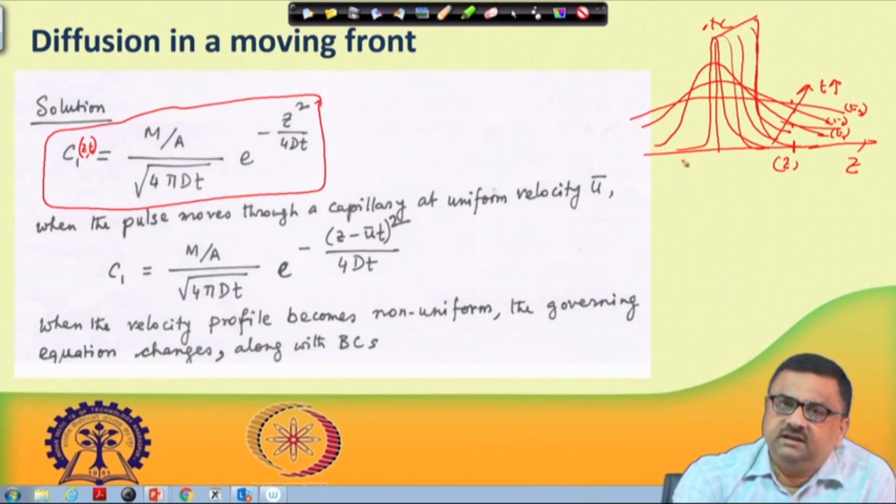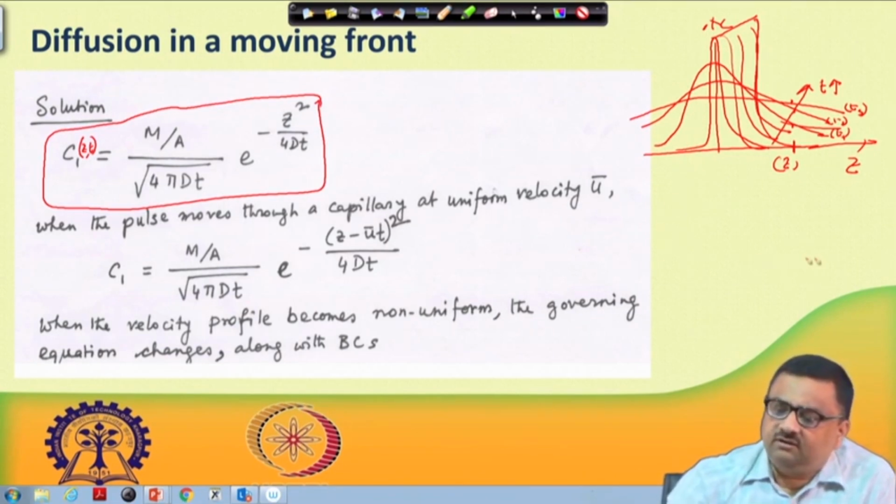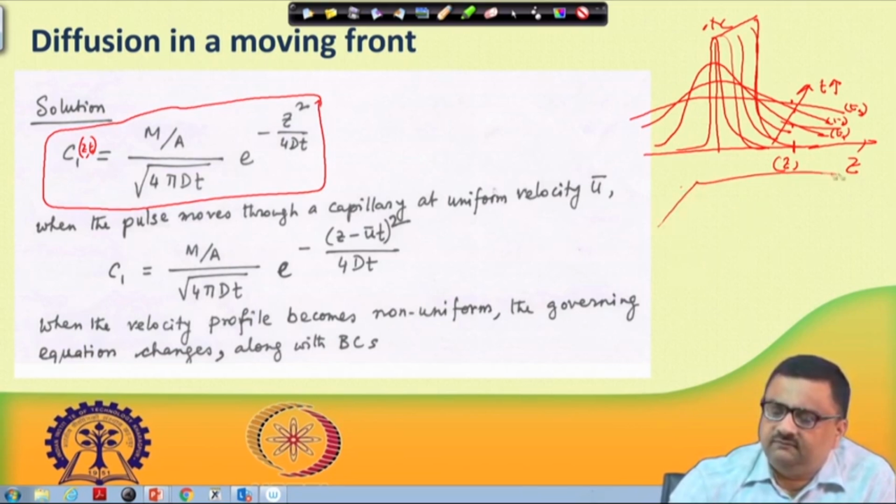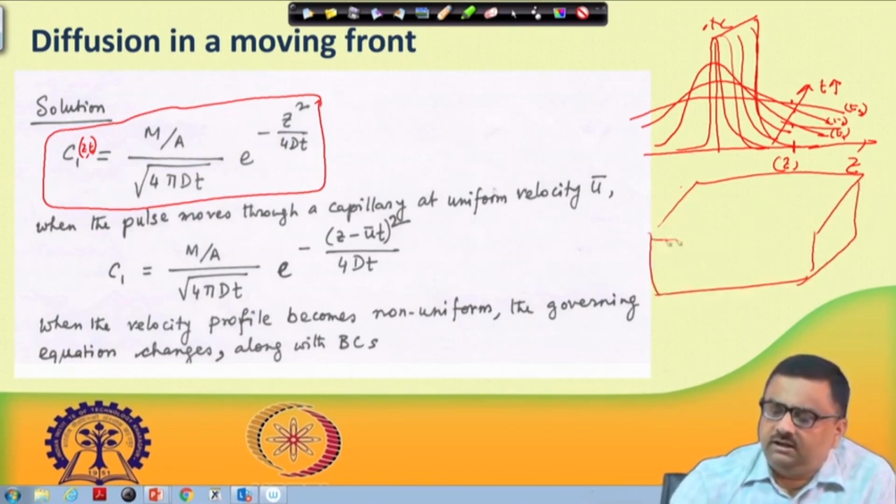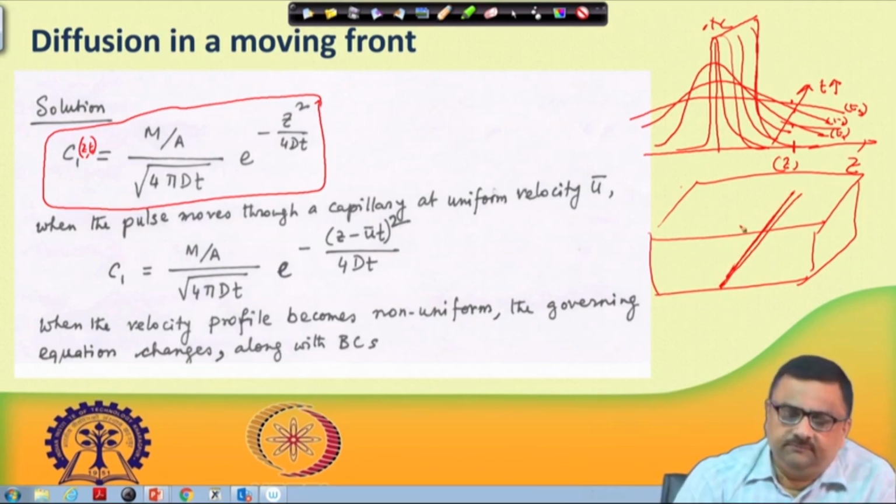But this is like you have a rectangular trough, a box full of water, and you have placed the color along a certain line, and then you are studying how this color is changing.